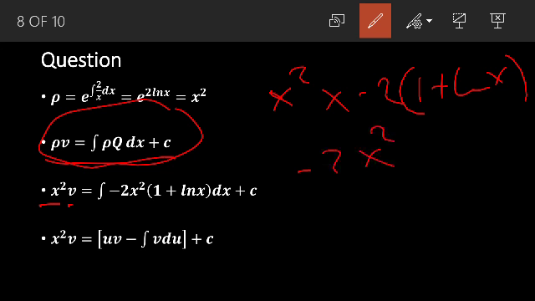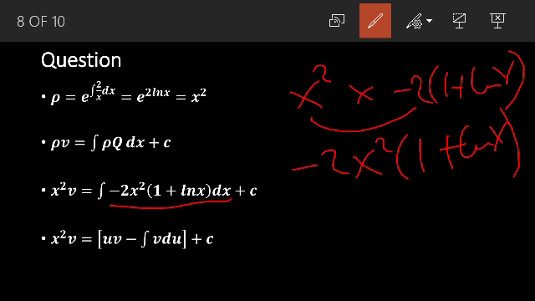Let's clean this up. You have your integrating factor, which is x squared, multiplied by minus 2 into 1 plus ln x. So your x squared times minus 2 gives us minus 2x squared into 1 plus ln x, which is exactly what we got here.